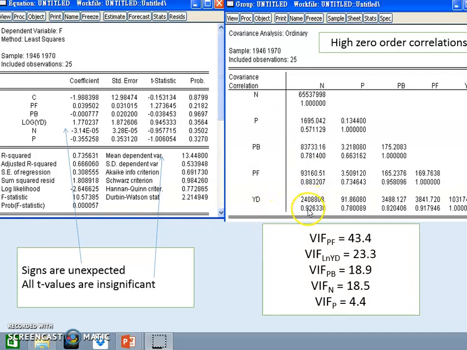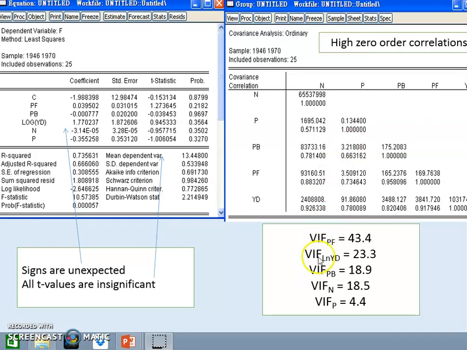So for example here, the correlation is high, 0.92. Here we have 0.88. Okay, and still we have here 0.82, 0.91. So there's an indication of high zero order correlation, right?